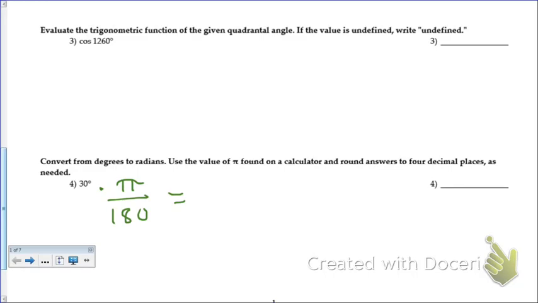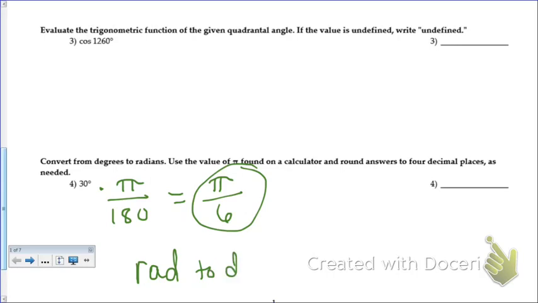And if I reduce the 30 and the 180, I'm going to get pi over 6. You could put that in your calculator, take pi divided by 6, and then round that to 4 decimal places if you wanted to. If we were going to go from radians to degrees, we're going to multiply by 180 over pi, just do the opposite.